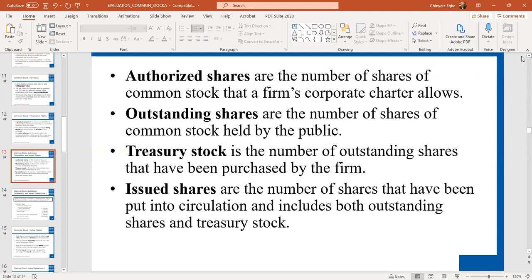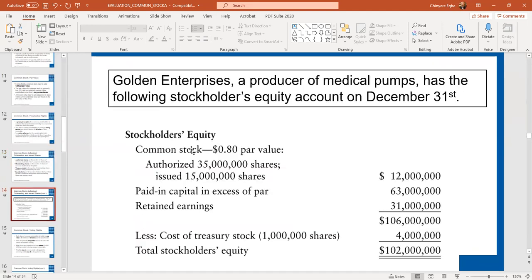You have treasury stock, which is when the board of directors buys back some shares from those that hold them. Those are called treasury stock. Here's an example of a balance sheet.